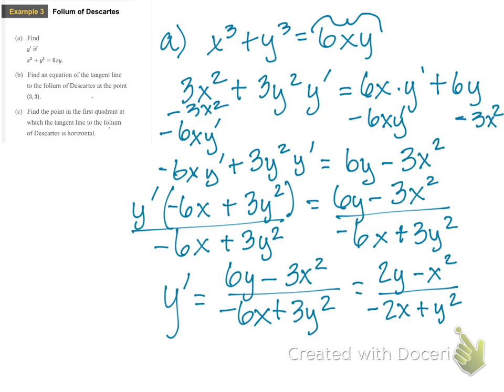Okay. So then we want to go to part B, which says find an equation of the tangent line to the curve at the point 3, 3. In order to write the equation of a tangent line, we need some pieces, right? We need a point, which we have.